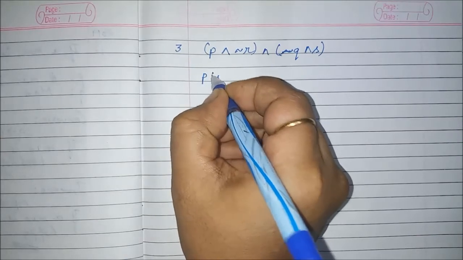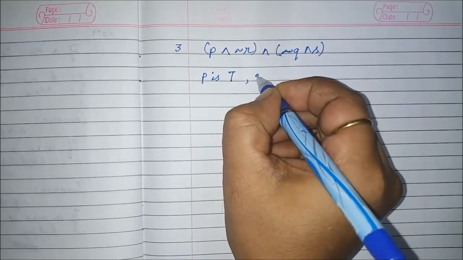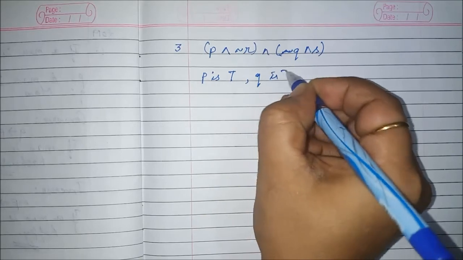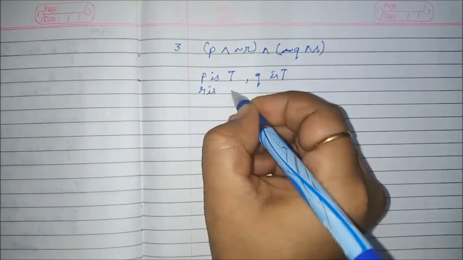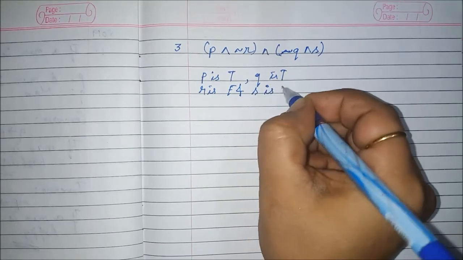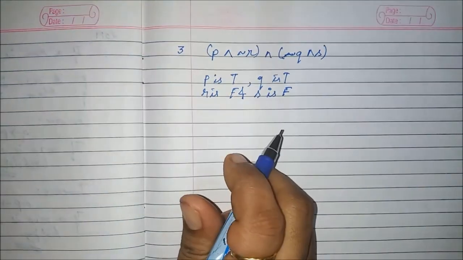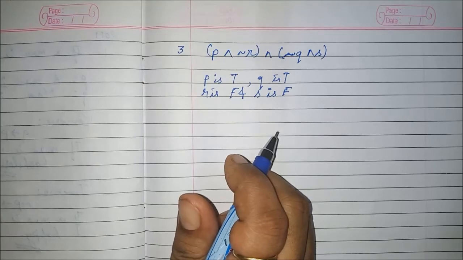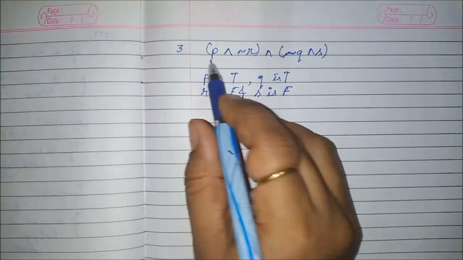P is true, Q is also true, R is false and S is also false. So we have to find the truth value of this statement.